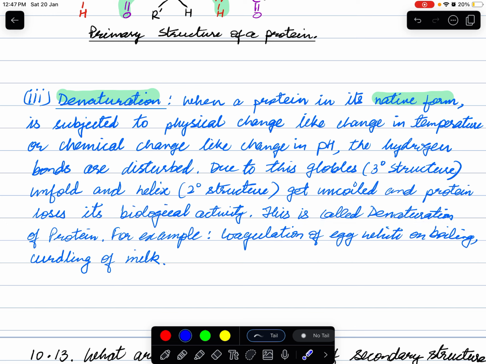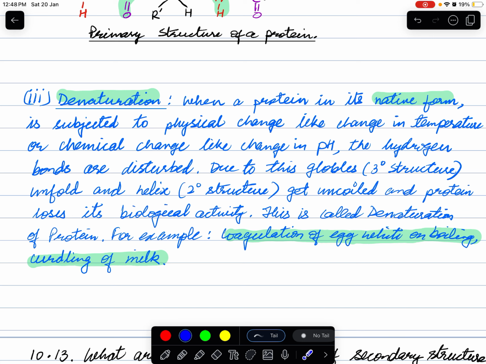Okay, so two examples are given here. One is coagulation of egg white on boiling, and curdling of milk because of the presence of lactobacillus bacteria in the milk. And in this second case, there is a change in pH. We have acidic medium. So this is all about denaturation of protein.